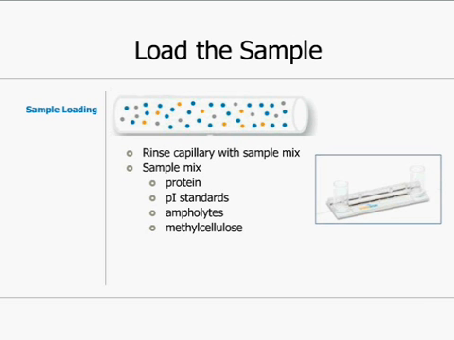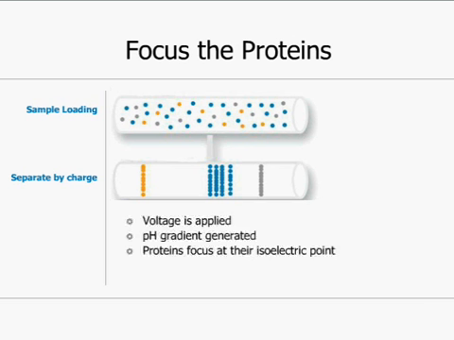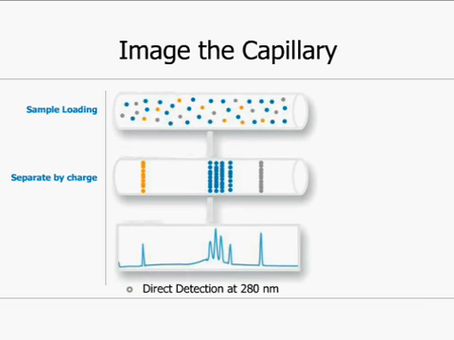One end of the capillary is immersed in an acidic solution and the other in a basic solution. Once the sample is loaded, the sample is focused by applying an electrical potential across the capillary, which drives the countermigration of hydronium and hydroxide ions into the capillary, titrating all amphoteric compounds to their zero net charge, known as their isoelectric point.